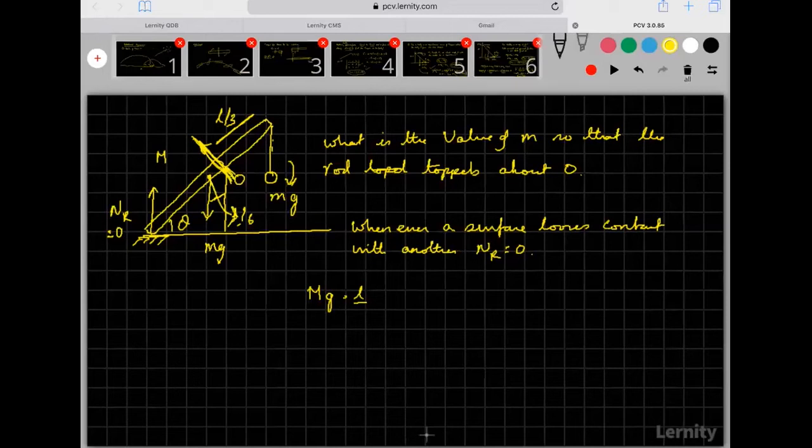So mg into L by 6 must be equal to small m into g into L by 3. So now when I work this out, I can make some cancellations here. 3 will go 2. So small m will become capital M by 2. So this is how you get it.